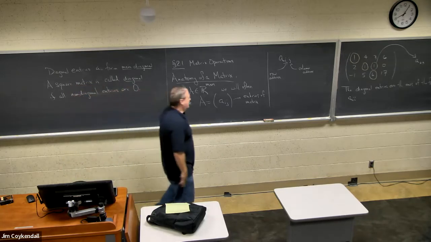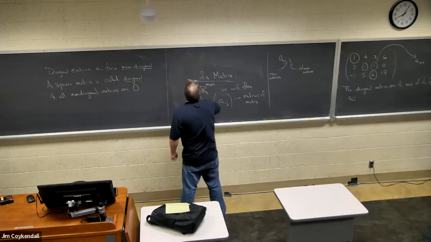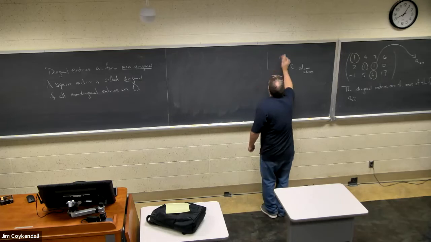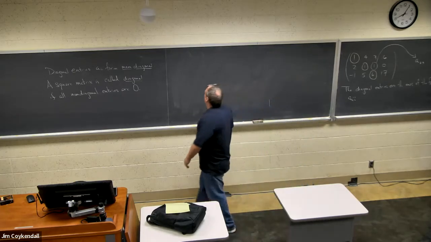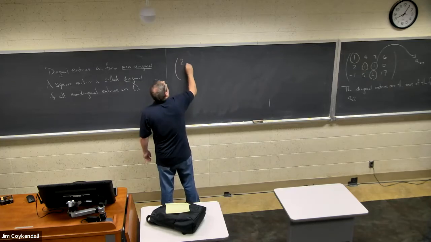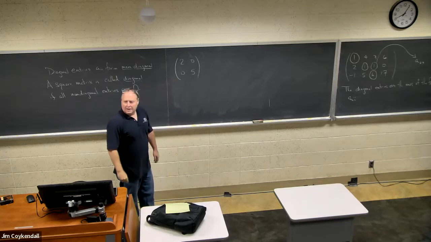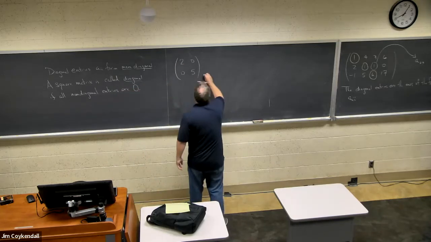So let me get a picture for you of diagonal matrices. And when you see them, you kind of look at it and say, well, of course, I see why they call this diagonal. That's a 2 by 2 diagonal matrix because everything that's off the diagonal is zero.